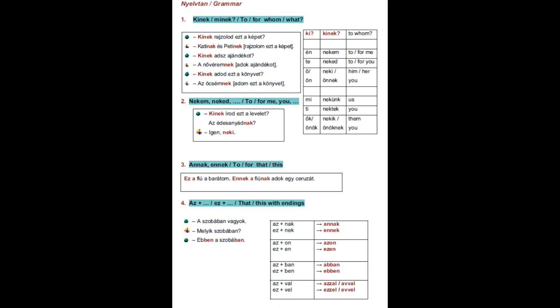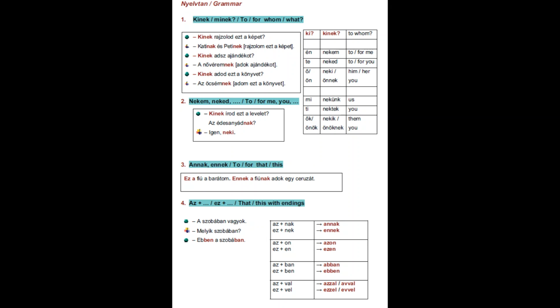Szoba is room. Vagyok is I am. So I am in the room. You're literally saying the room in I am. But it means I am in the room.